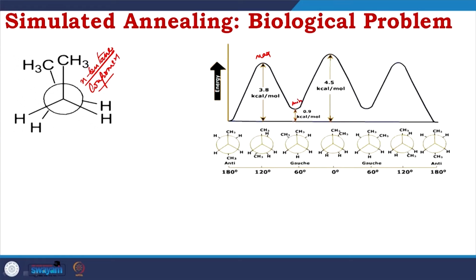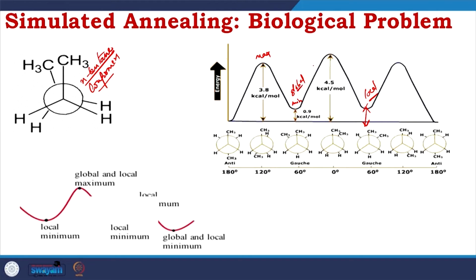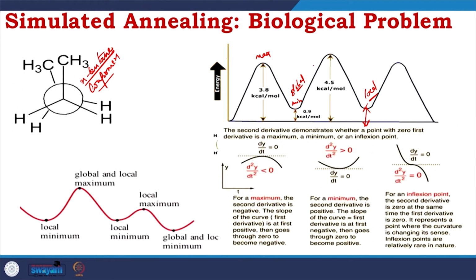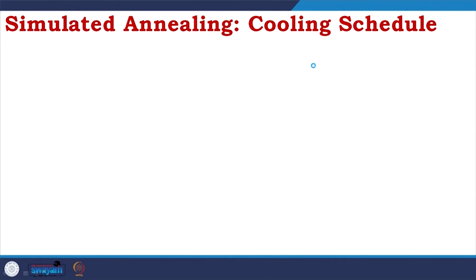See, this minima is lower than this one. So, if this is local, this is global. As I told, global and local maxima, local minima, global minima, you get them, and this is the process I already talked about.